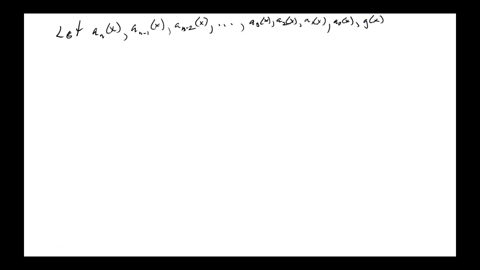Here's all your functions that are functions solely of your independent variable x. And every one of those has to be continuous on the interval I, and your a sub n of x, that very first one there, cannot equal 0.